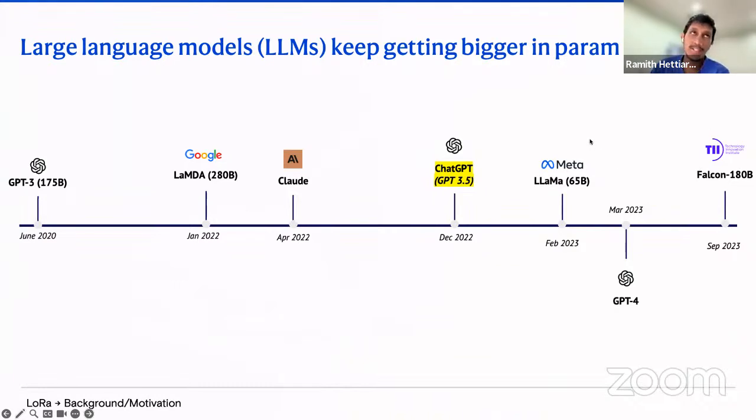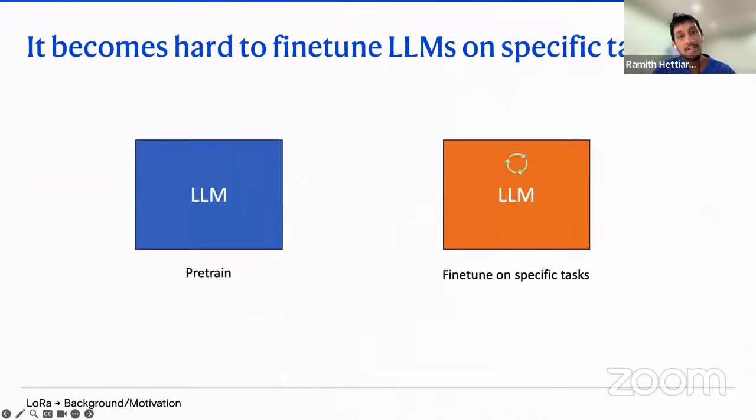Even though these are very general purpose, encapsulating all the knowledge in the world in one model, usually for specific tasks, people fine tune these language models, let's say for financial analytics, or for medicine. Likewise, people fine tune for specific tasks.